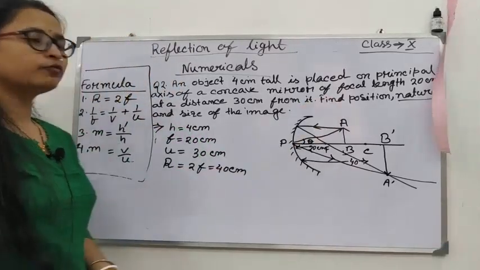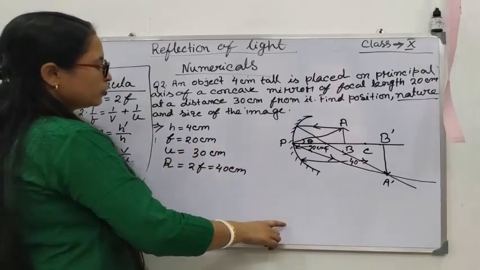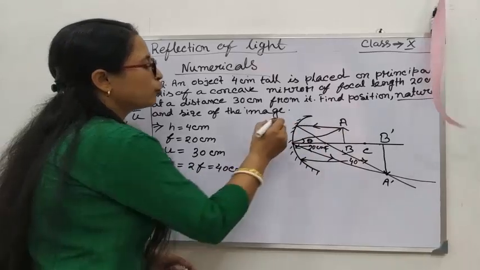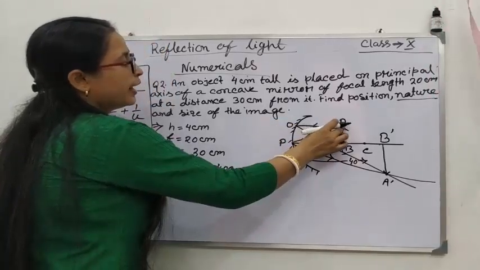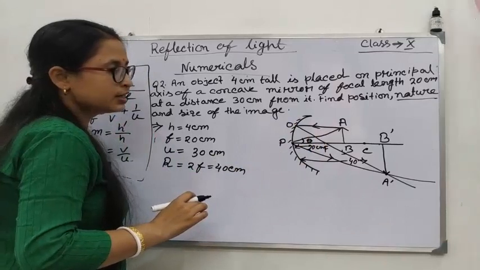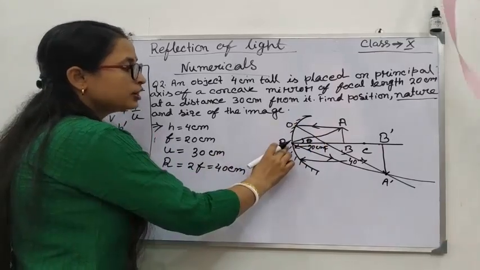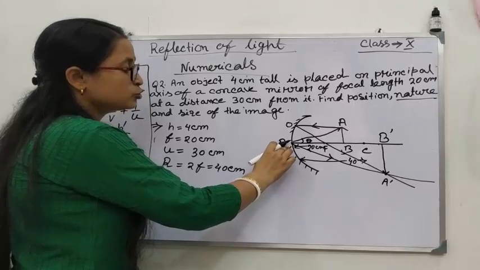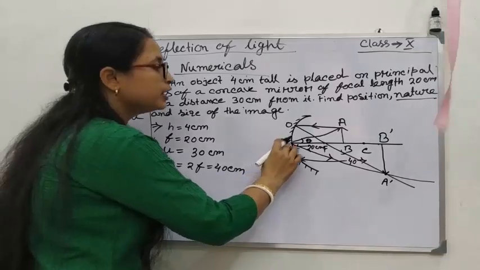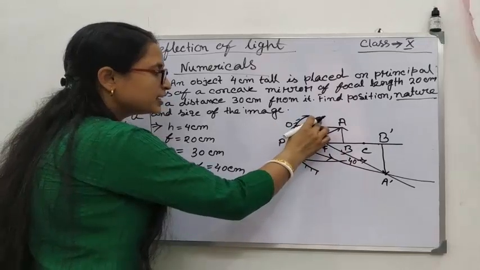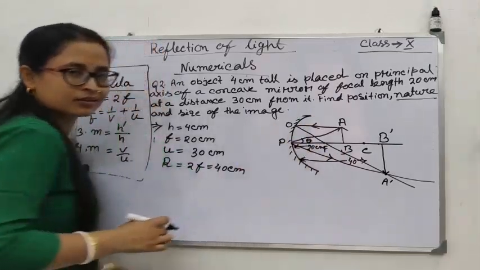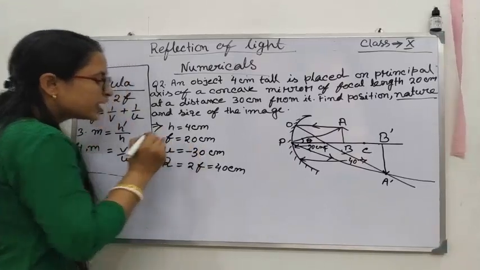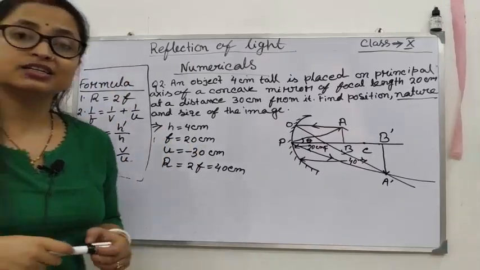Now let us find the position. From sign convention, if you put it as O, AO is the direction of incident light. As all distances are measured from the pole, what is the distance of the object? PB. Now the direction of AO and PB is opposite. That means the object distance will be minus 30 centimeter.